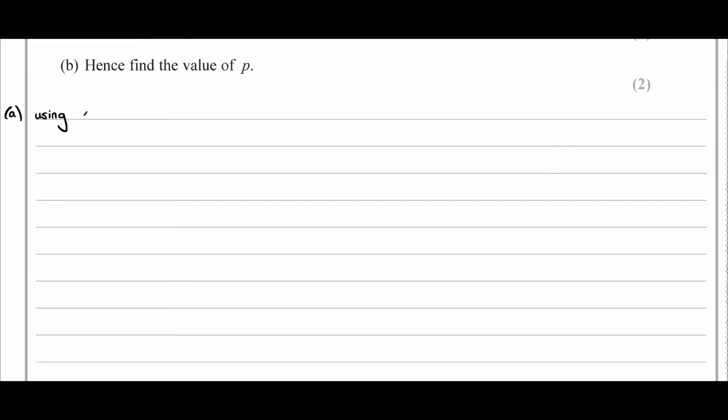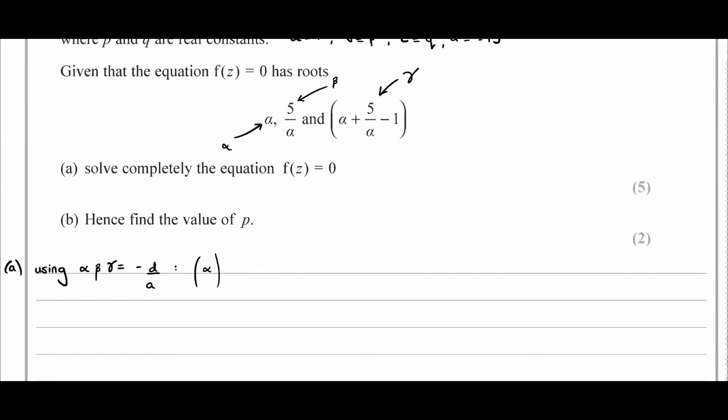So for part A, using alpha beta gamma equals minus d over a, we have alpha multiplied by beta, which we said was 5 over alpha, multiplied by gamma, which we said was alpha plus 5 over alpha minus 1.